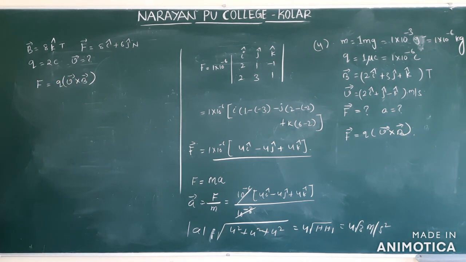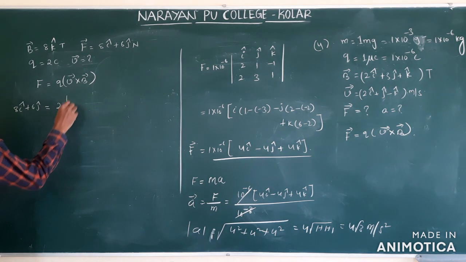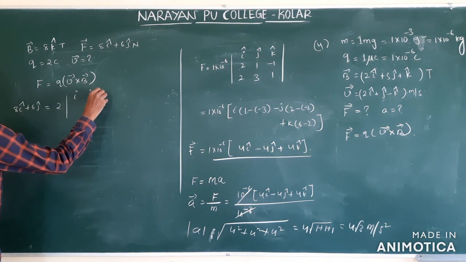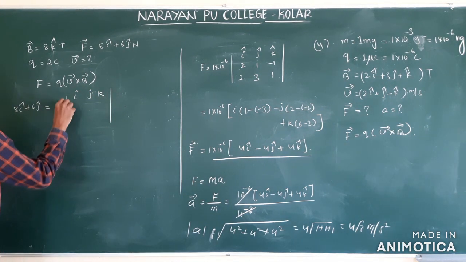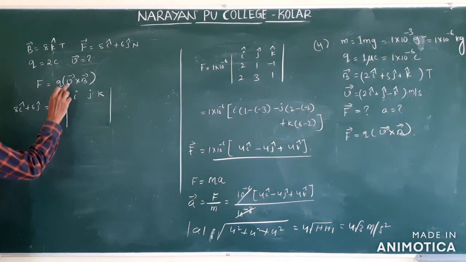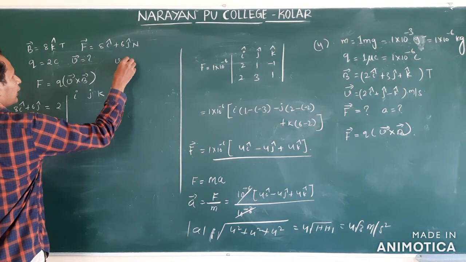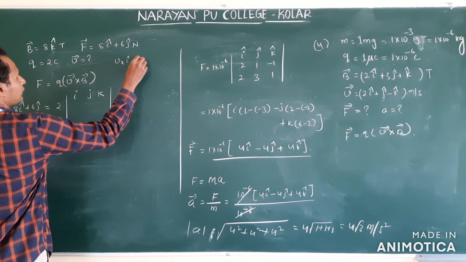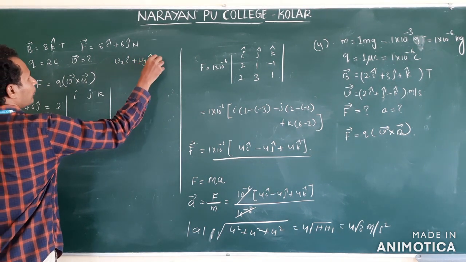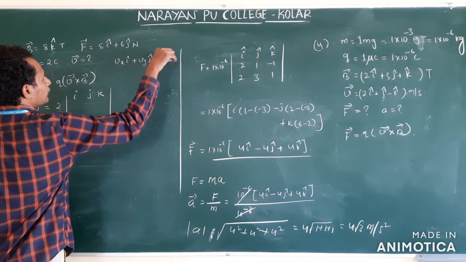Clear? Now, what is F here? 8 i cap plus 6 j cap is equal to 2, as it is, i j k. So we are finding the velocity vector. Velocity vector, how do we consider? Vx i cap plus Vy j cap plus Vz k cap.